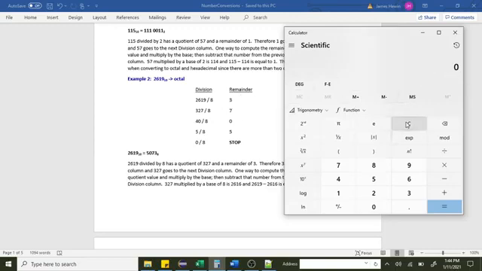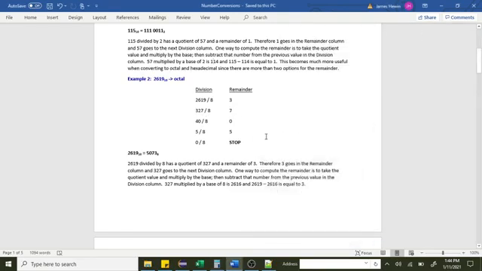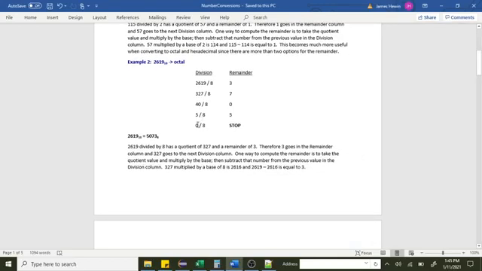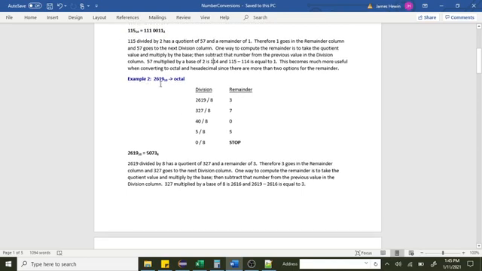Well, 40 times 8 is 320, and 320 is 7 away from 327. So that's a remainder of 7. And once you reach 0, that's when you stop. So 2619 base 10 is going to be 5073 base 8.